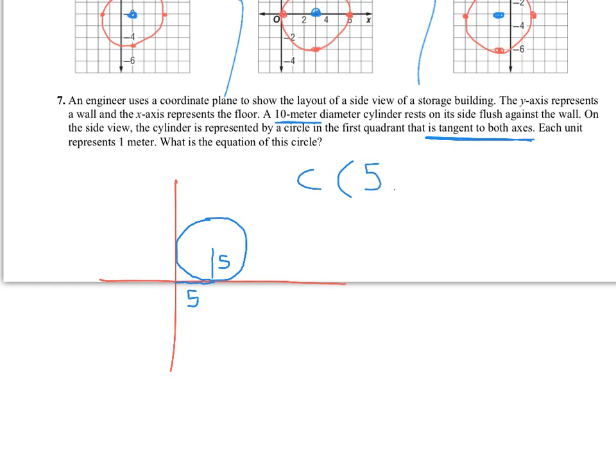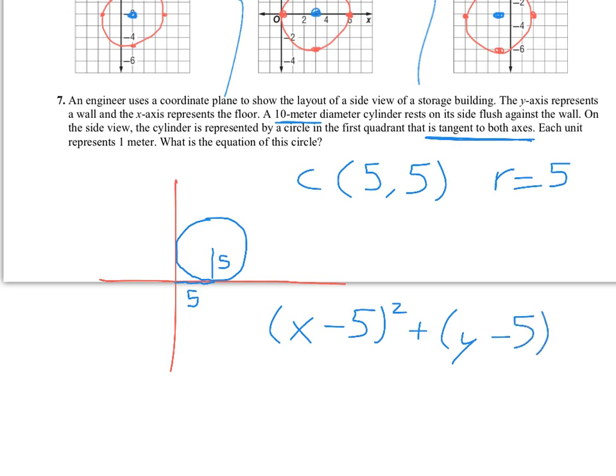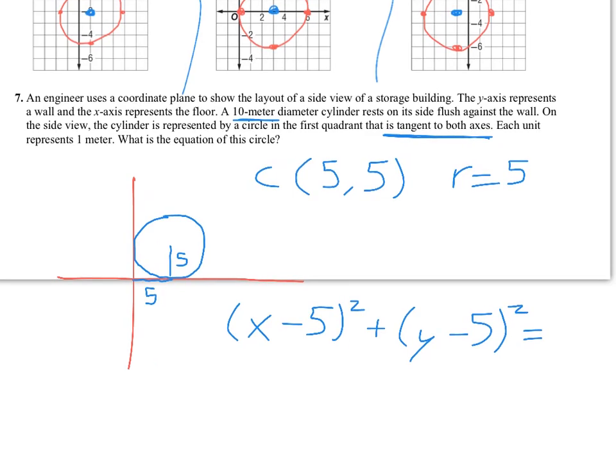So the center is at 5, 5, and the radius equals 5. So now we just need the equation of the circle. That's going to be x minus 5 squared plus y minus 5 squared. And then don't forget to square the radius. This is going to equal 5 squared, which is 25.